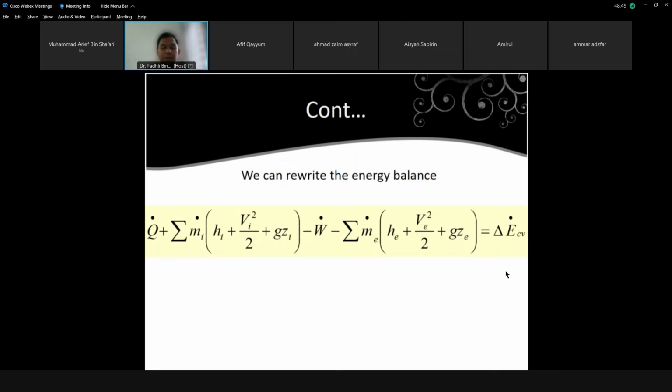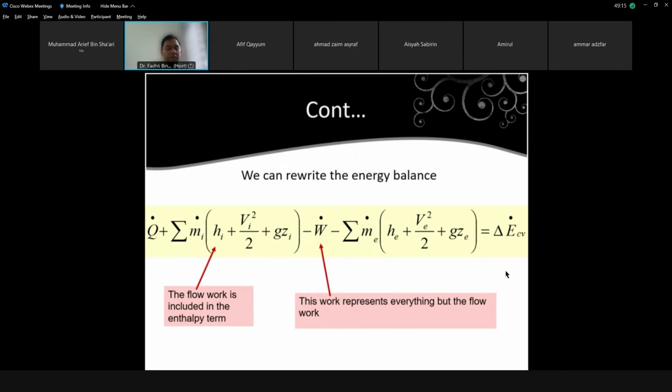Yang ini sebenarnya asalnya adalah E dot in minus E dot out equal to delta E dot CV. So we need to consider kesemuanya. This work represents everything but the flow work. The flow work is included in the enthalpy term tadi yang PV tadi. That is flow work dalam di sini.